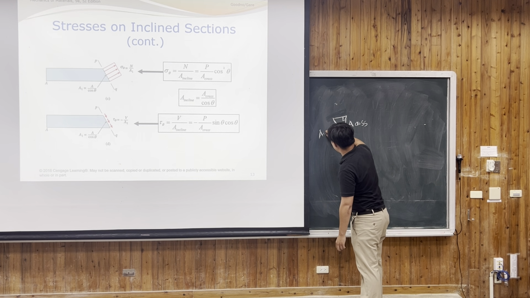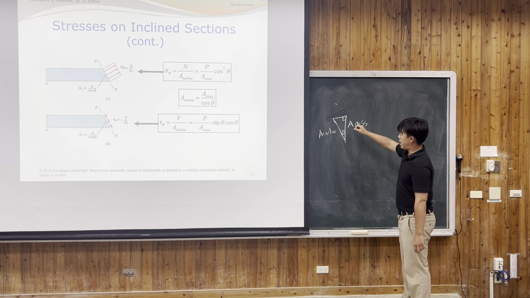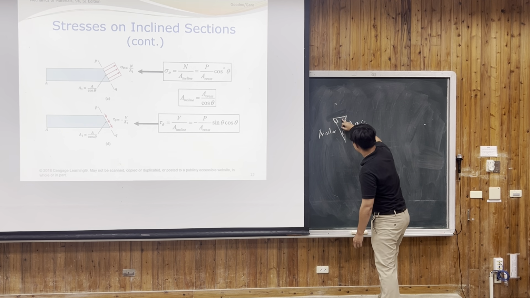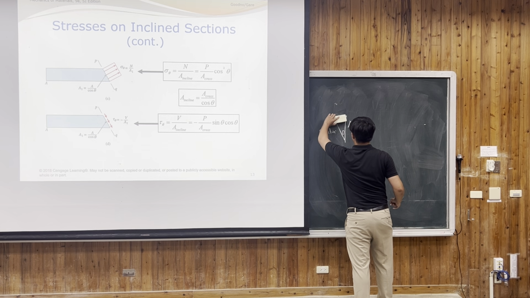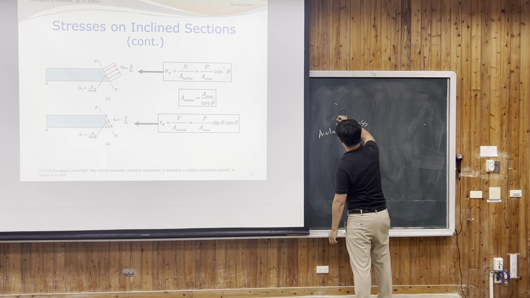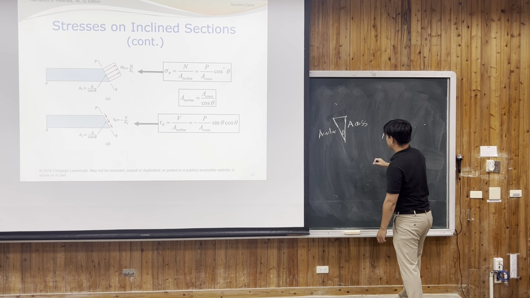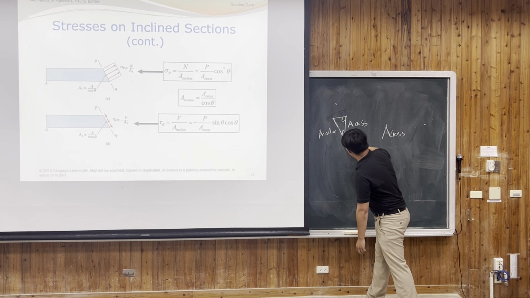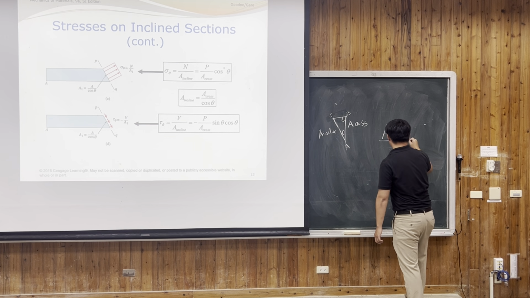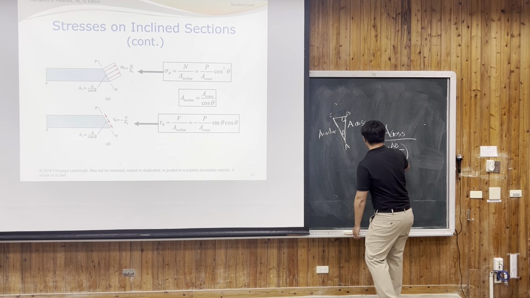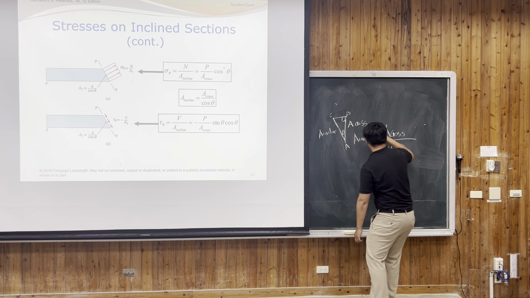This is the A inclined plane. So by dividing, sorry, right here. So A cross, this is like A, B, C.